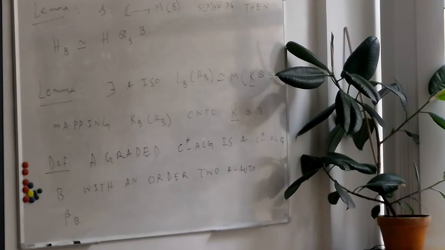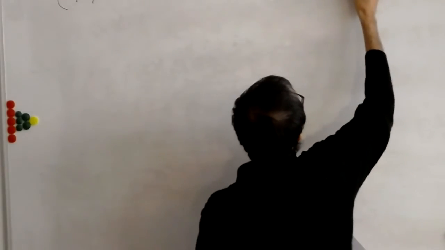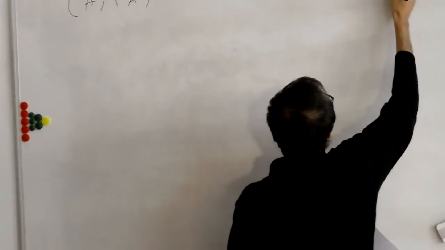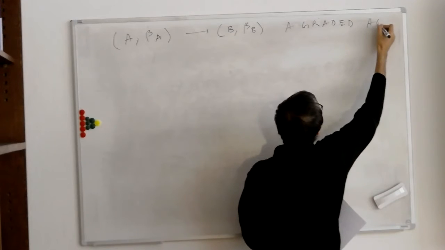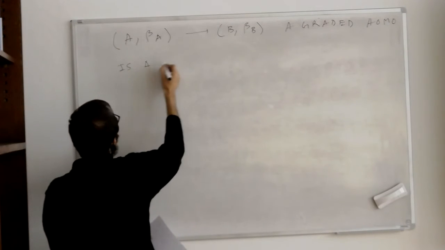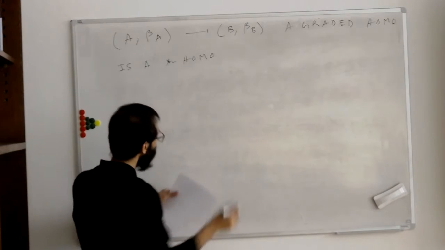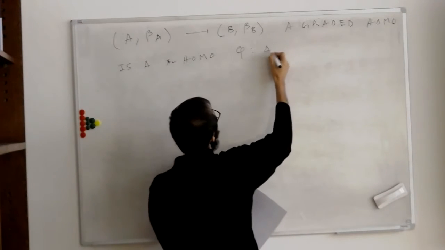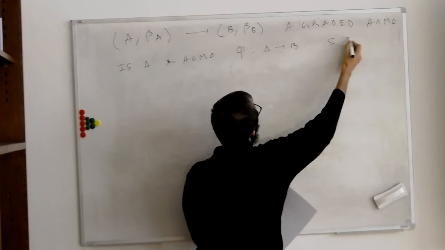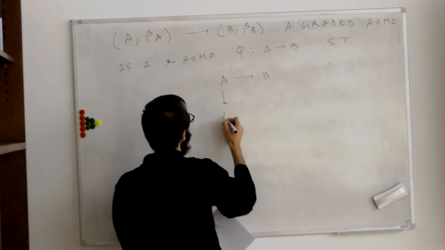Given two graded C*-algebras, a graded homomorphism is a star homomorphism phi from A to B such that it is compatible with the grading.